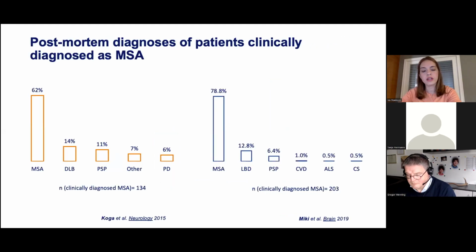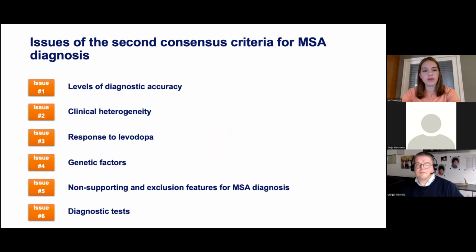Also, two large clinicopathological studies from the Queen Square Brain Bank and Mayo Clinic Brain Bank with patients clinically diagnosed with MSA showed that patients clinically diagnosed with MSA only have this diagnosis in 62 to 79% of cases, suggesting suboptimal diagnostic accuracy.